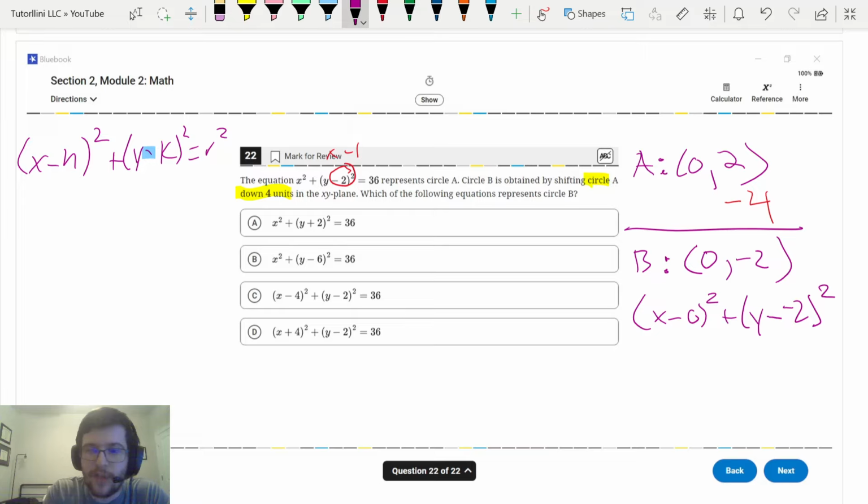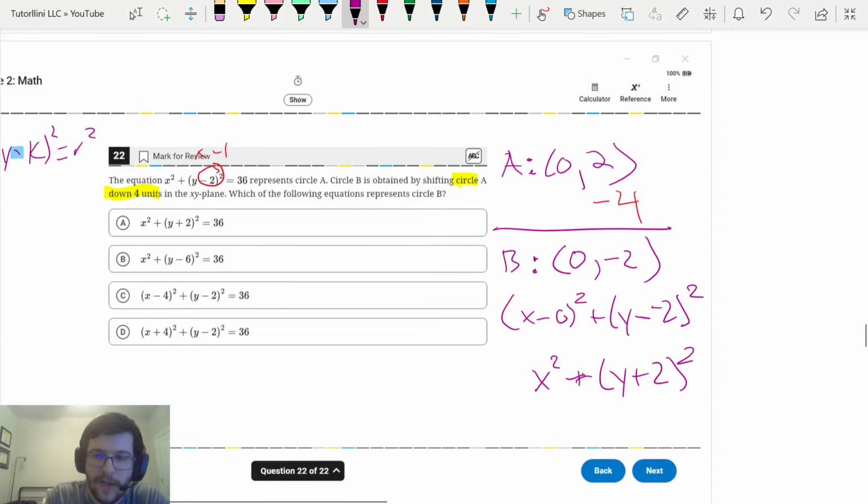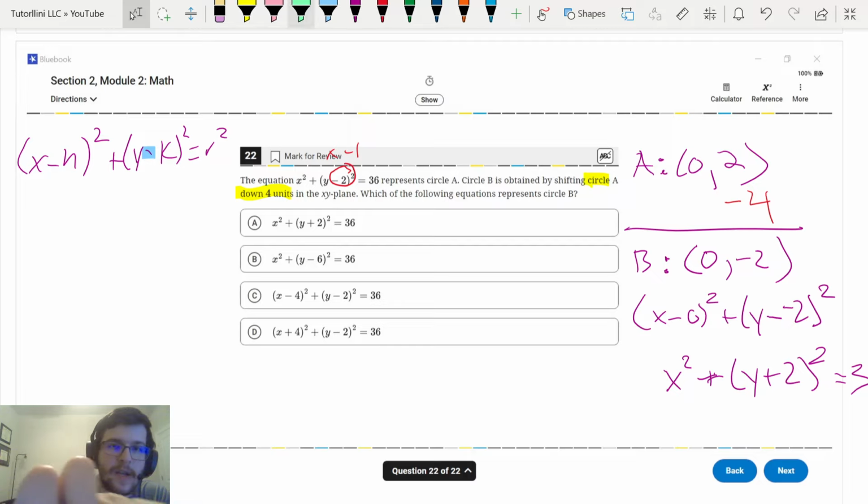Shifting it does not change the radius squared. So x minus 0, that's just x. So x, and then y minus negative 2, that's just y plus 2. And you see that matches. And then again, the radius and the radius squared do not change, so we can just slap on an equal 36. And you see that is answer choice A, and that is the correct answer.